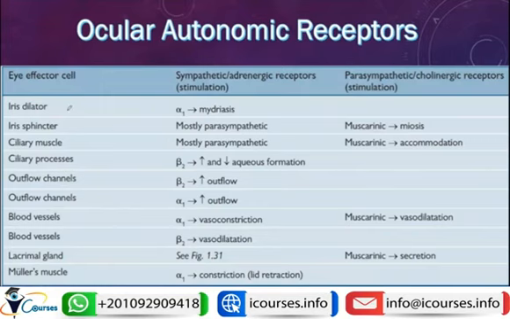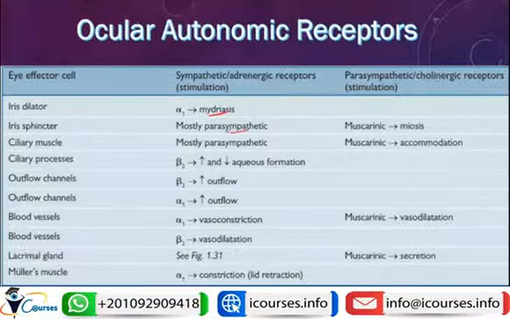So here now we know what the ocular autonomic receptors within the eye are. Most of the receptors are confined to the pupil and the ciliary process. Most of the receptors are associated with the control of the pupil size, either by miosis or mydriasis, or by control of the aqueous formation and outflow. For example, the dilator pupillae muscle has only alpha-1 receptors, so it will cause mydriasis.